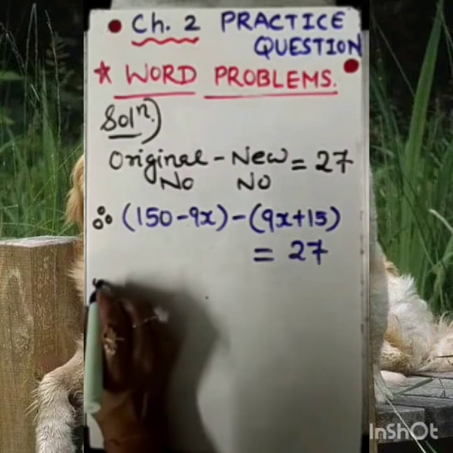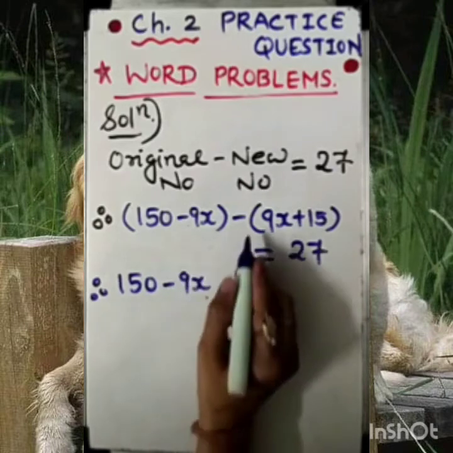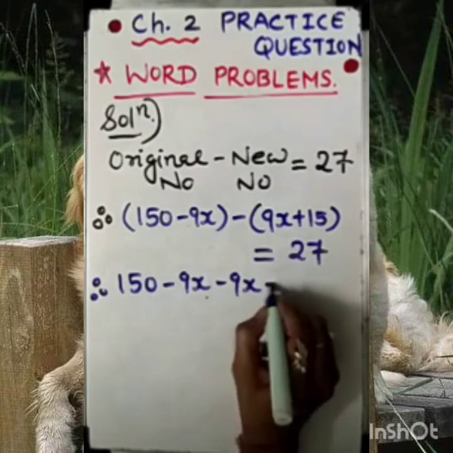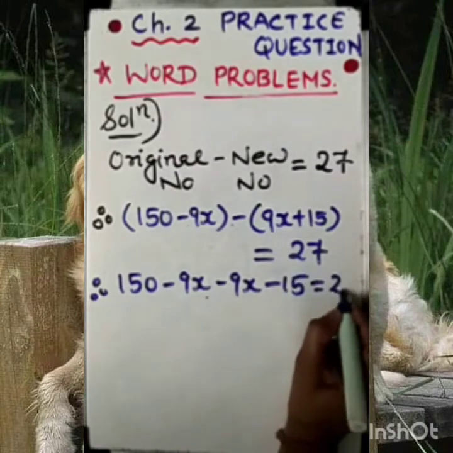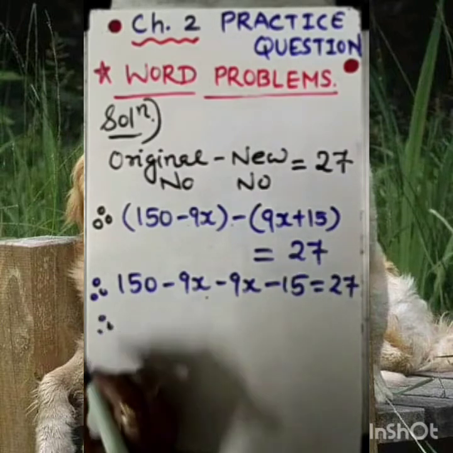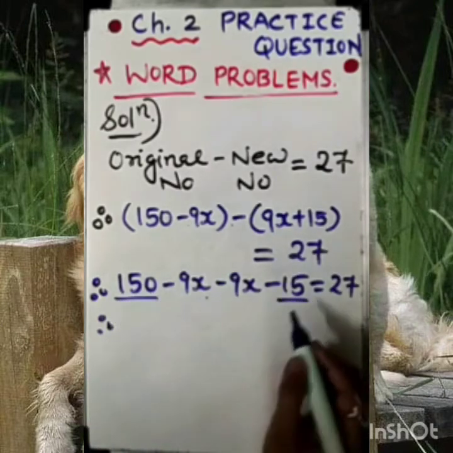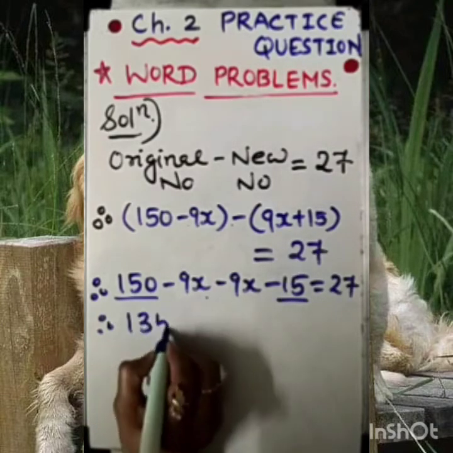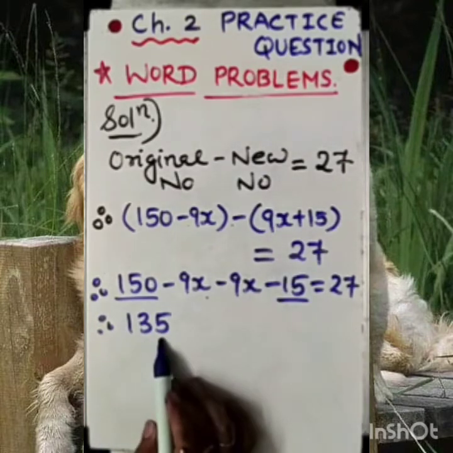So let's simplify. 150 minus 9x minus 9x, after this we need to change the sign, minus 15 equal to 27. Yes. So dear student, here 150 minus 15 is 135.